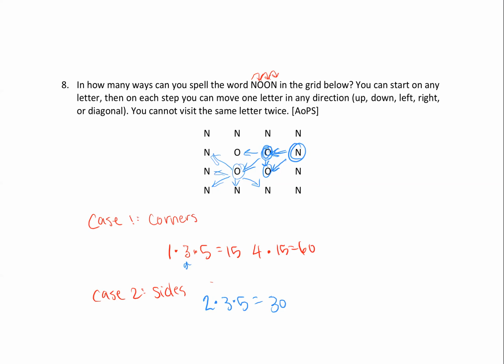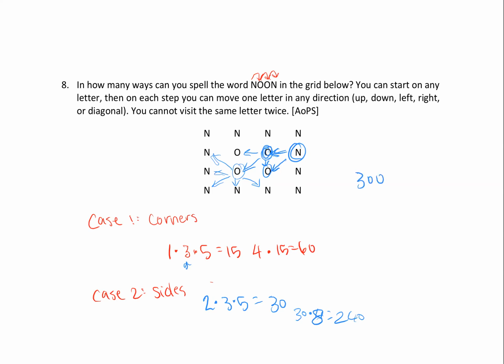So we have, oh, and we cannot visit the same letter twice. Okay, so we have 30, and then 30 times 4, well, I mean not 4, 30 times 8 is 240. And then when we add these together, we have 300.